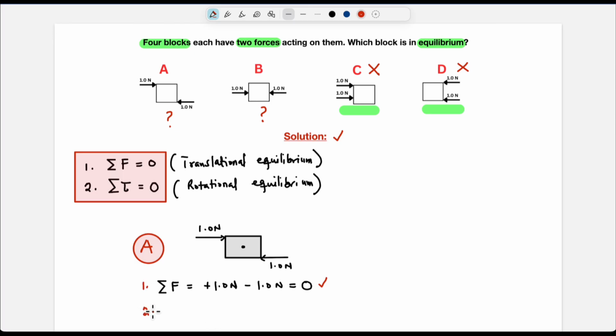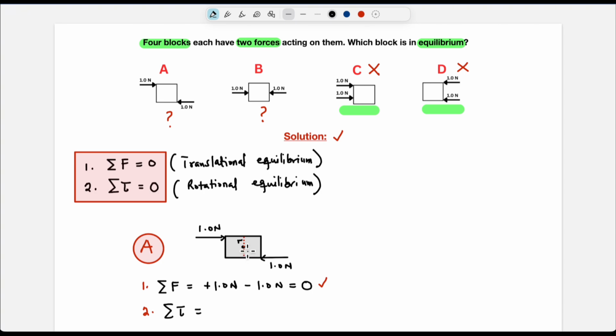The second condition we need to check is the condition for rotational equilibrium, which says that the net torque on this block must be equal to 0. However, if we look closely from the center of this block to each of these forces, we are going to have some distance from the center. And this distance r from this center to this point is perpendicular to this force.